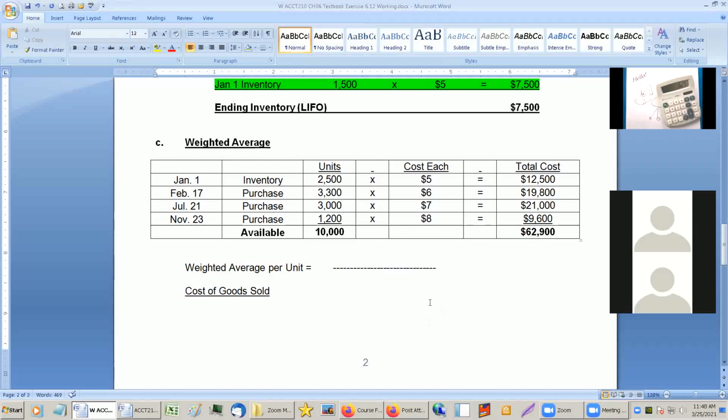Yep. Okay, so what we're going to do is take our total cost, 62,900, and our available units, divide those. And it comes out to $6.29.